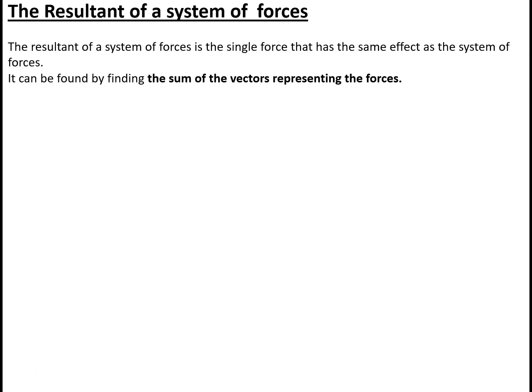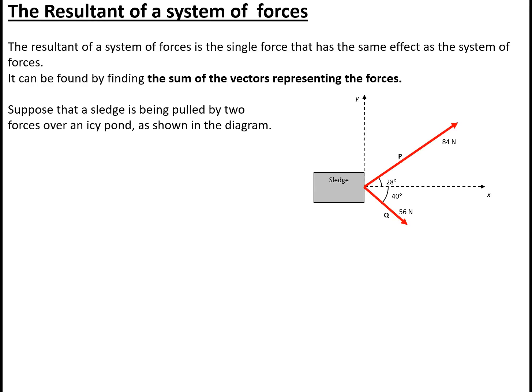The resultant of a system of forces is the single force that has the same effect as the system of forces. And it is found by simply finding the sum of the vectors representing the forces. So let's imagine that we've got a sledge being pulled by two forces over an icy pond, as shown in the diagram.